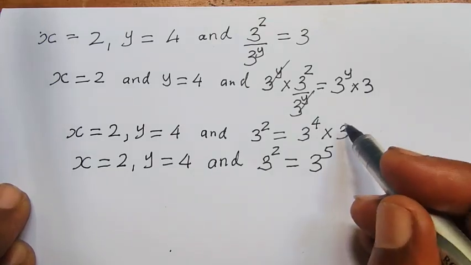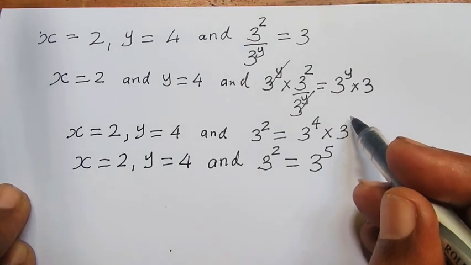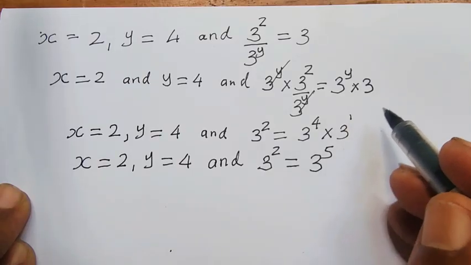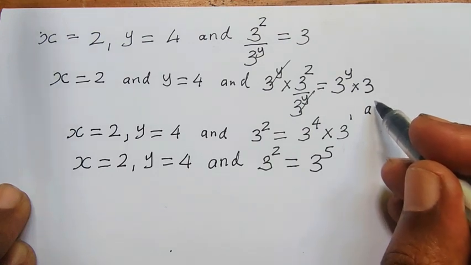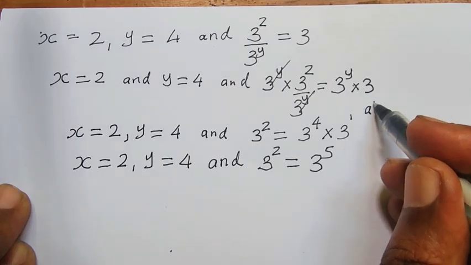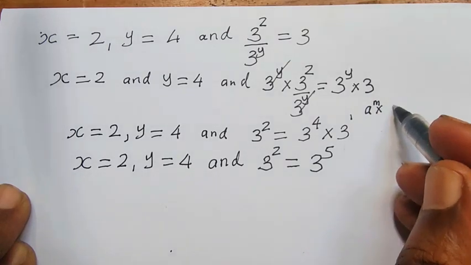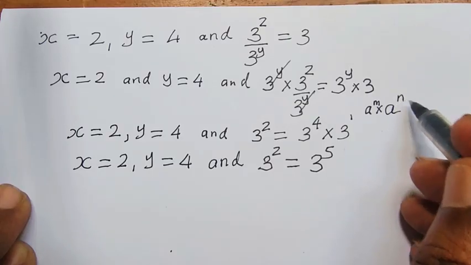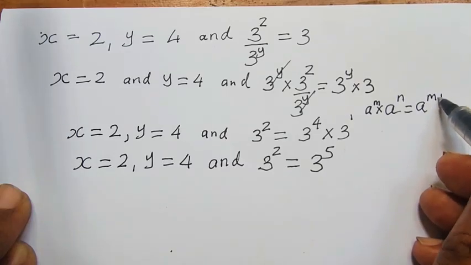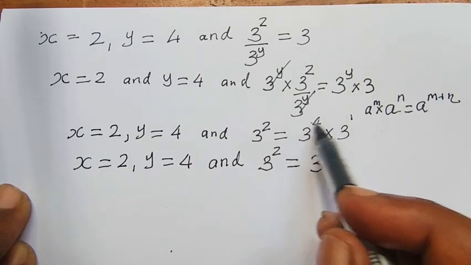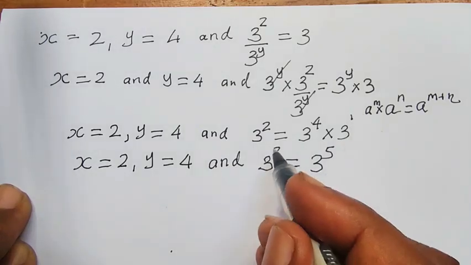You know, this is the same as to write 3 raised to power 1. Again, we use the same law of exponent, which is the product rule. a power m times a power n is equal to a power m plus n. So we have 4 plus 1, which is 5.